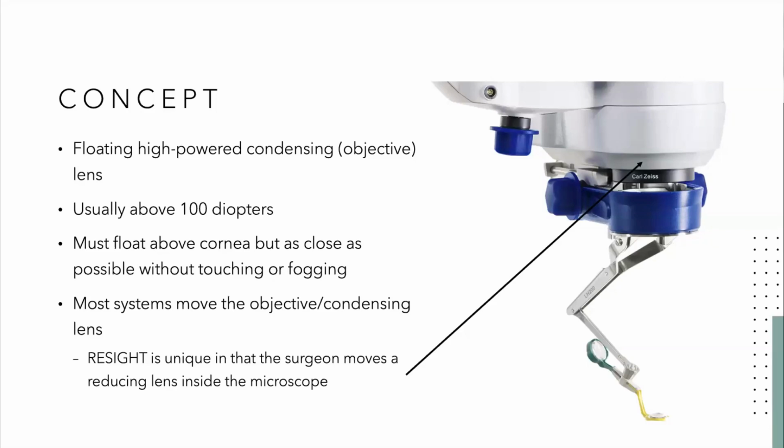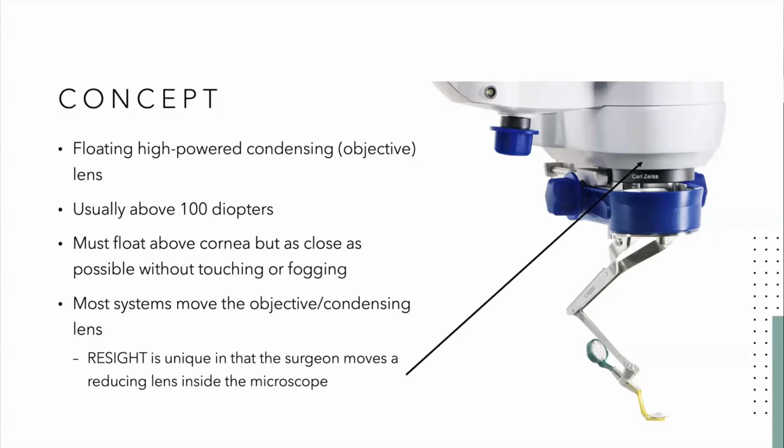What does change is a reducing lens inside of the microscope, and that effectively changes the focal point. So all the internal mechanics of the microscope act to bring the image into focus, which I prefer rather than messing around with the outside, external environment.